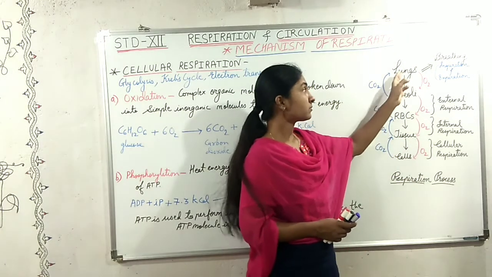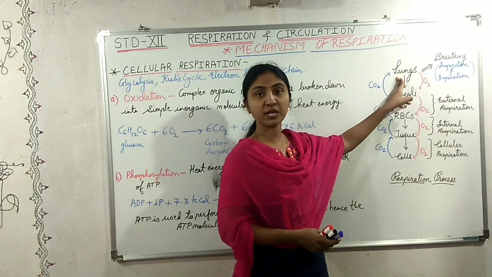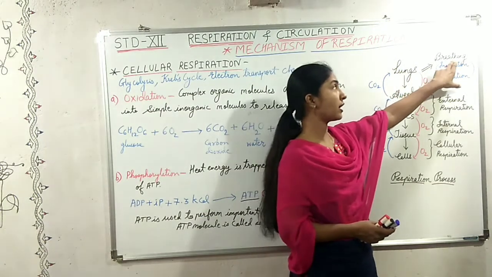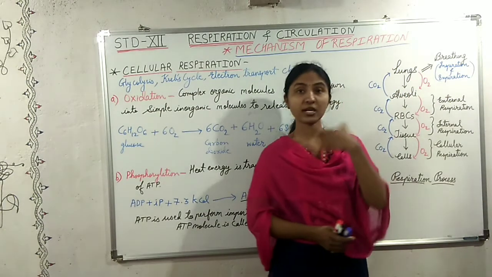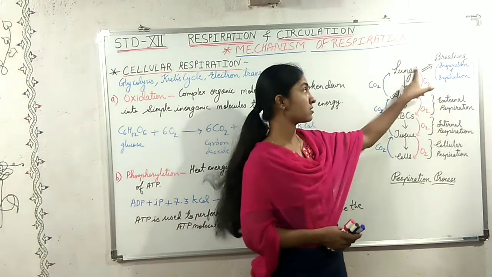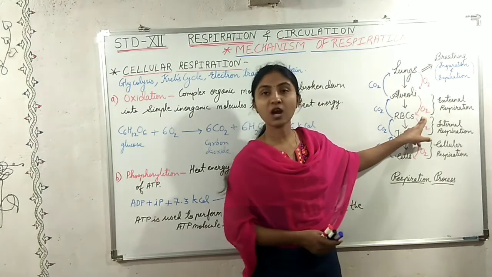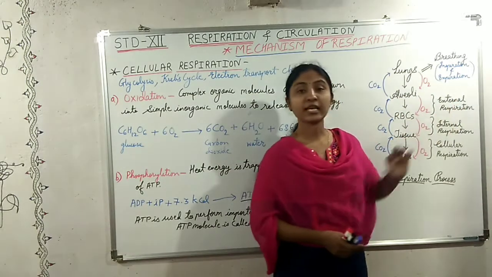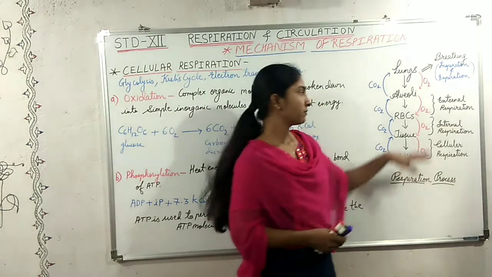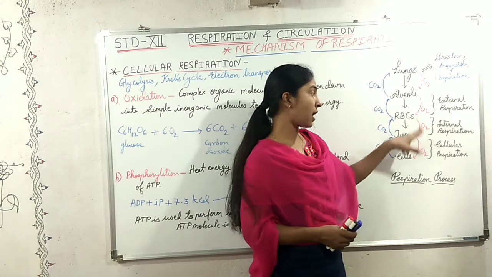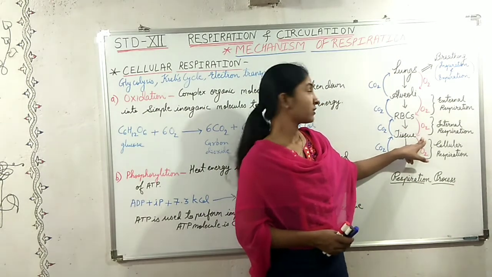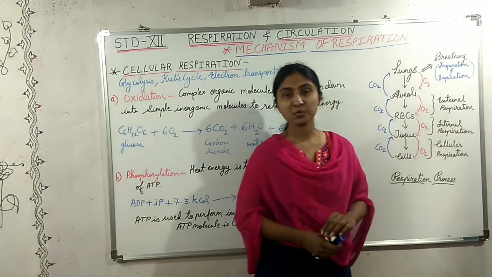So the process of respiration that occurs in the lungs is called breathing, that is inspiration and expiration. The process which occurs from alveoli to RBCs is called external respiration. The process that occurs from RBCs to the tissues is called internal respiration.